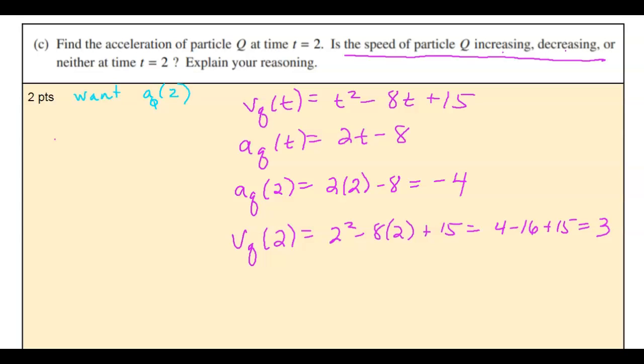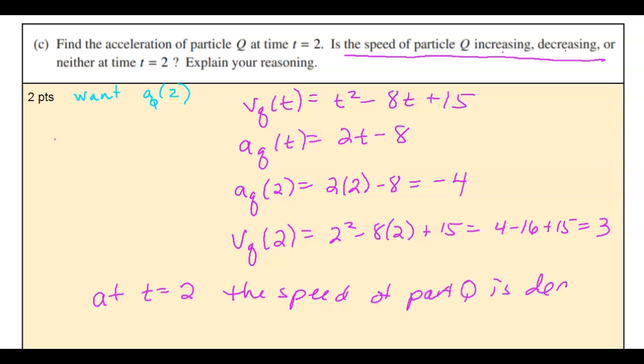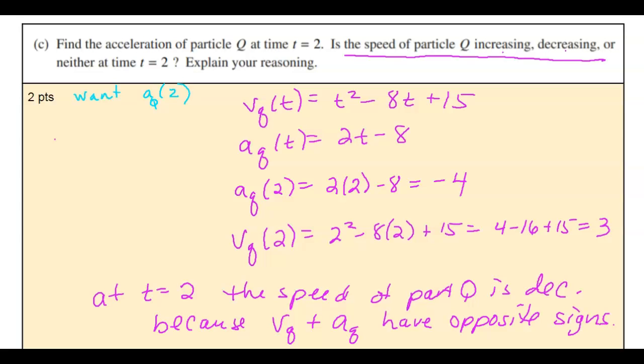Because my acceleration is negative and my velocity is positive, they're working against each other. So we are going to say at t equals 2, the speed of particle Q is decreasing because V of Q and A of Q have opposite signs. You can use notation, but the words are great.